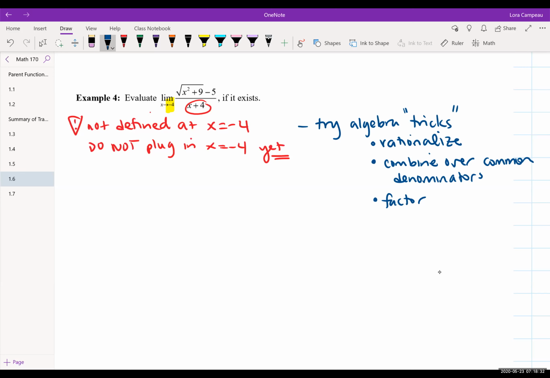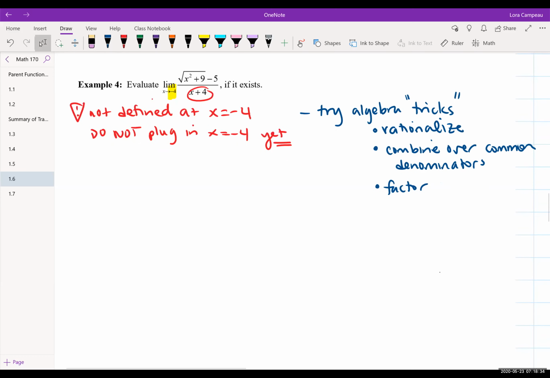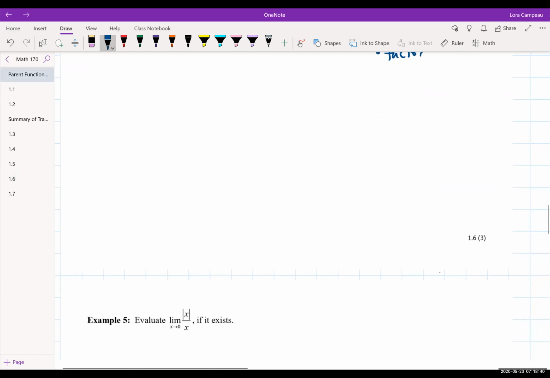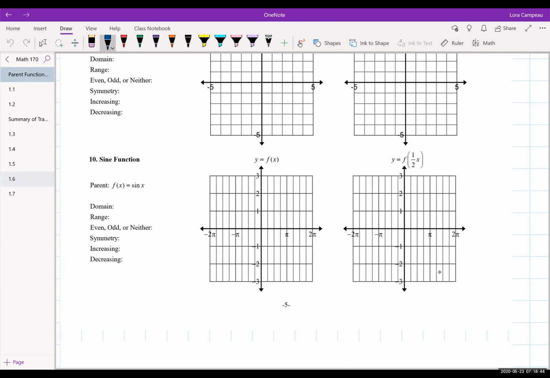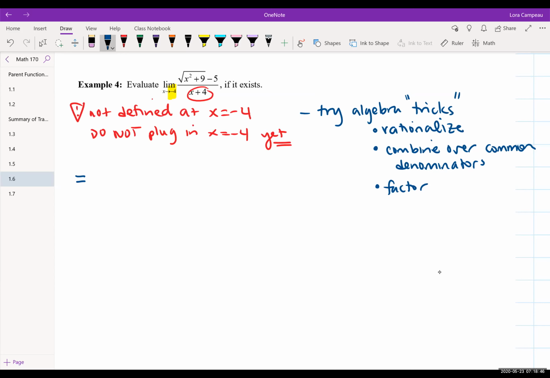So this is where I'm going on this one. I'm going to use some math here, and I may need more space. Oh, excuse me, my left hand accidentally went to the other sections. I'm going to play with this.